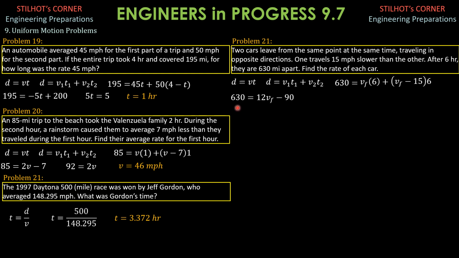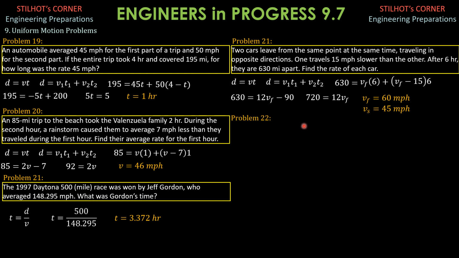So that means 630 plus 90, 720, equals 12 V sub F. So 720 over 12, the rate of the faster car is 60 miles per hour. And the rate of the slower car is 60 minus 15, so 45 miles per hour.